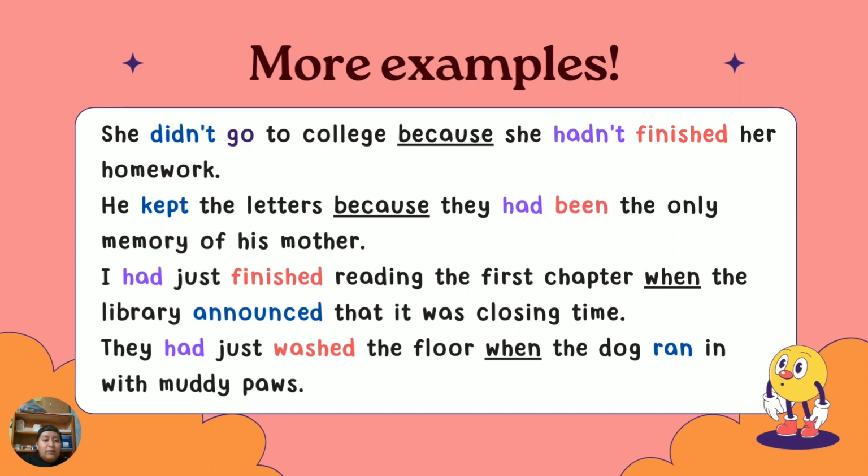Next example, I had just finished reading the first chapter when the library announced that it was closing time. Next example, they had just washed the floor when the dog ran in with muddy paws. Remember that the first action is in past perfect and the second action is in simple past.